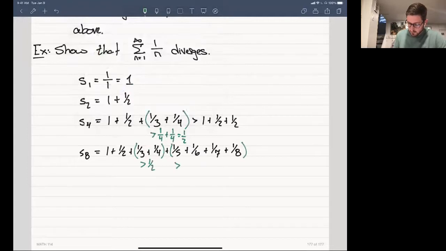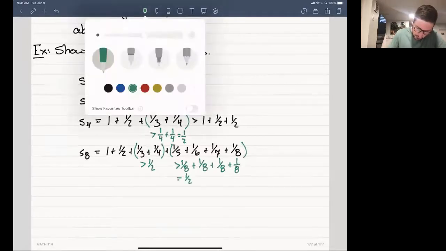So 1/5 is bigger than 1/8, 1/6 is bigger than 1/8, 1/7 is bigger than 1/8, and 1/8 is equal to 1/8. But now I have 4 terms. 4 times 1 over 8 is 1/2 again.